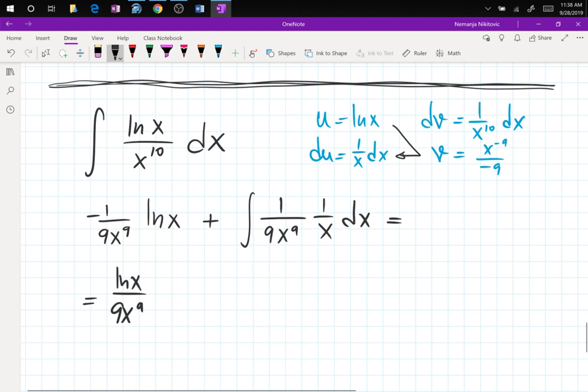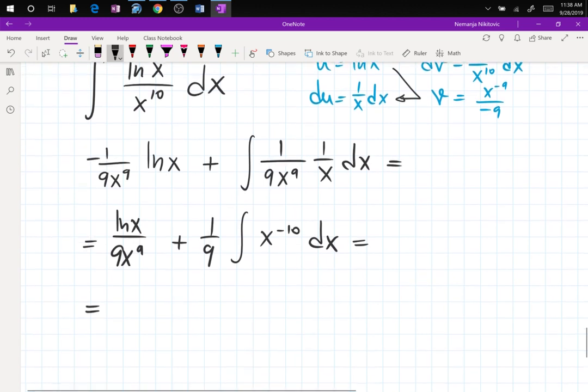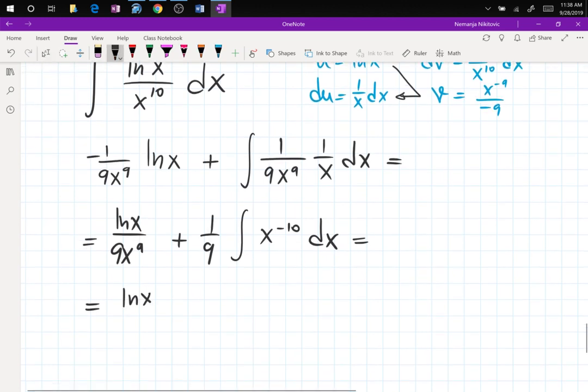And now you kick out 1 over 9, and you are integrating x to the negative 10 again, because x to the 9 times x is x to the 10. Bring it up, so it gets a negative exponent. So we have ln x over 9x to the 9.